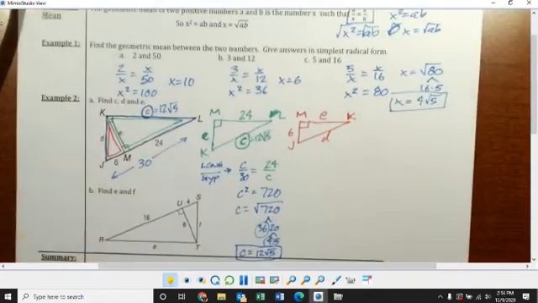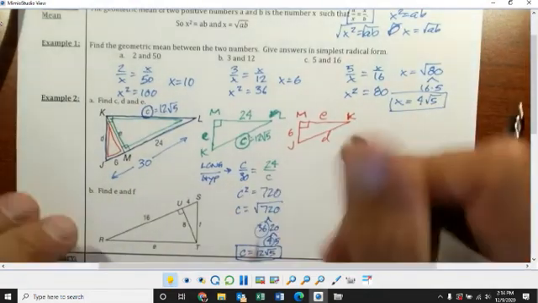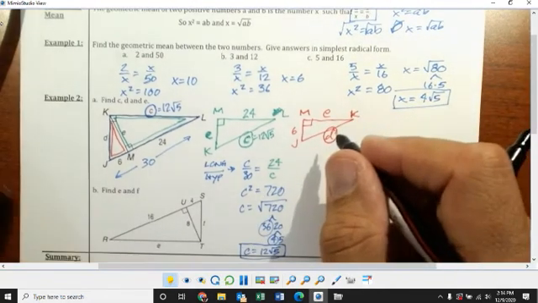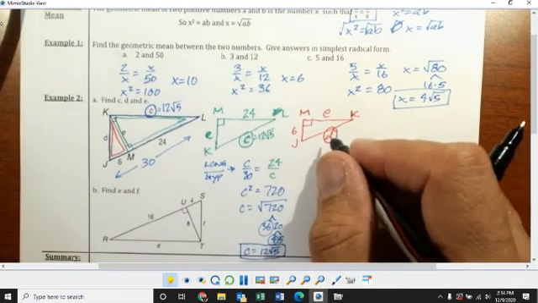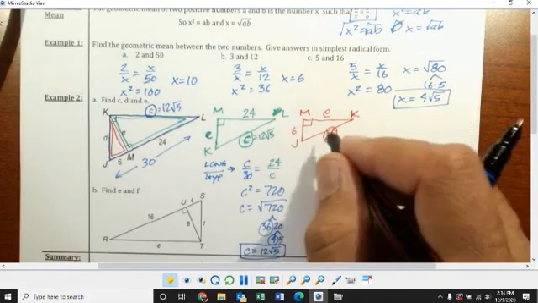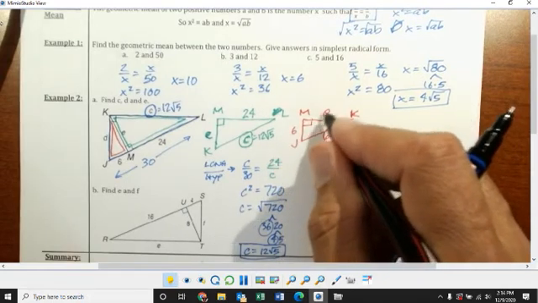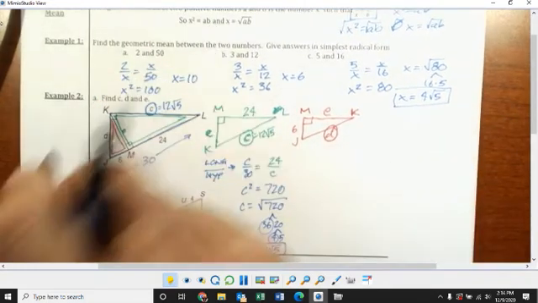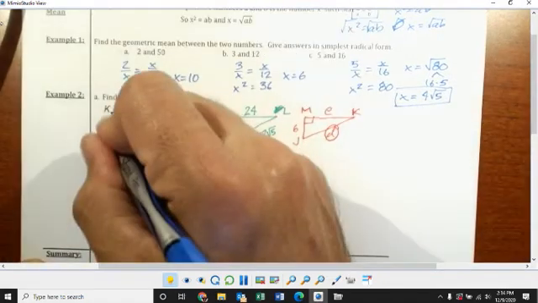Now let's look at D. Where does D appear? D appears right here as the hypotenuse of this triangle. I've got hypotenuse and short side, because I can't do hypotenuse over long side since that's an E. So I have to pick hypotenuse and short side, and D also appears here.